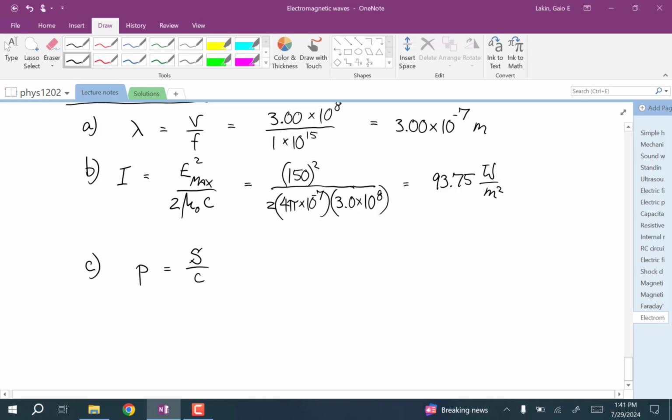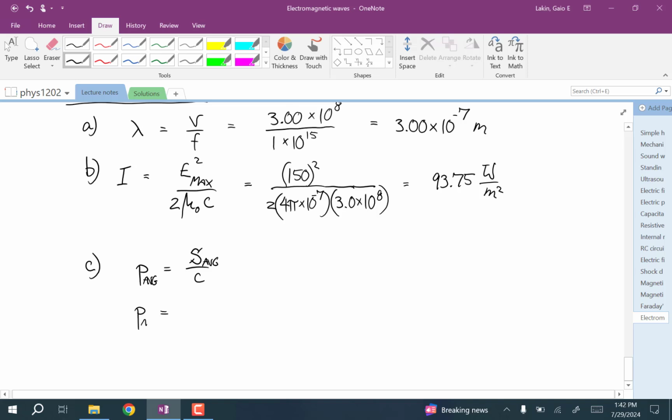And so since we already have the intensity, and the intensity is equal to the average value of that Poynting vector, that capital S, we're going to calculate this average pressure.